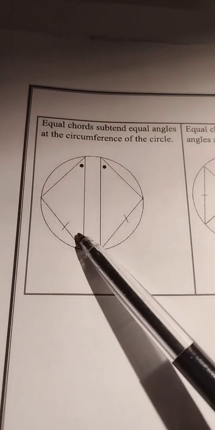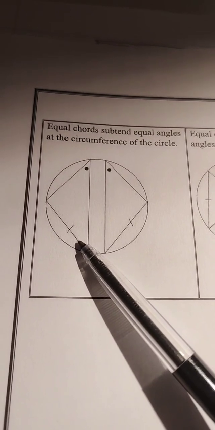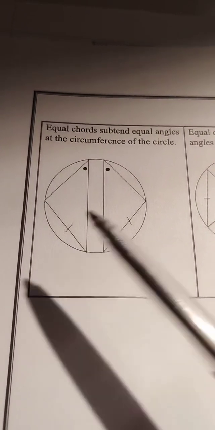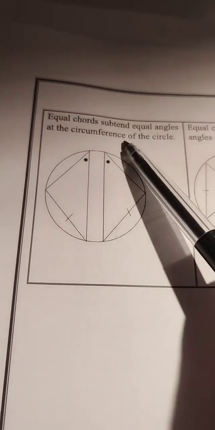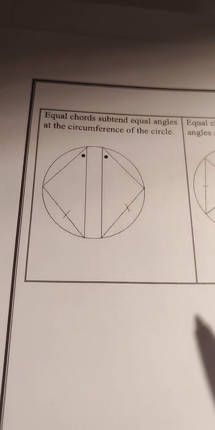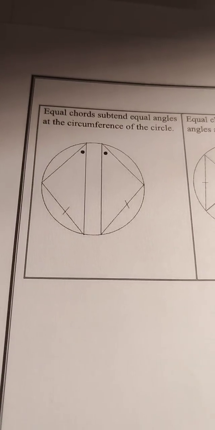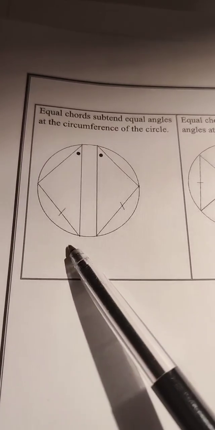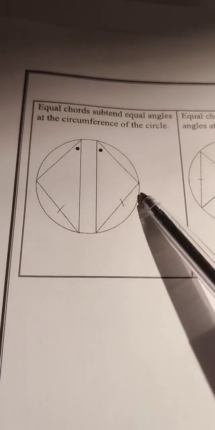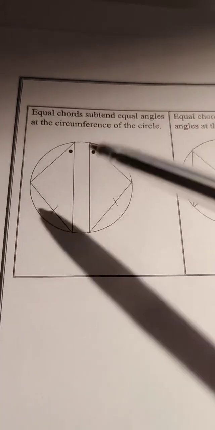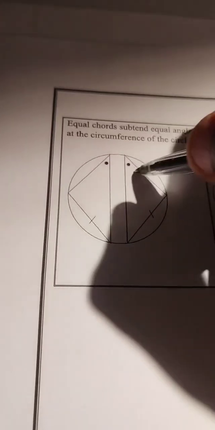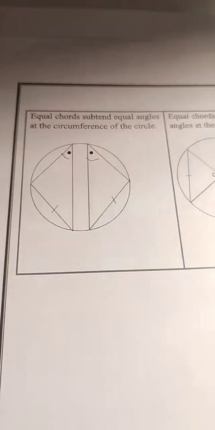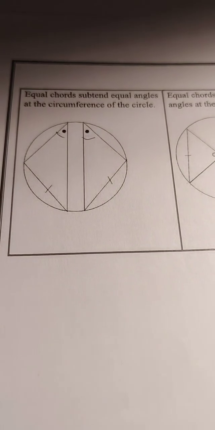Here are the chords. You see this triangle? It's like they are identical or congruent, if you want to call it that. So this chord and that chord, because they are equal in length, they both subtend the same angle at the circumference.